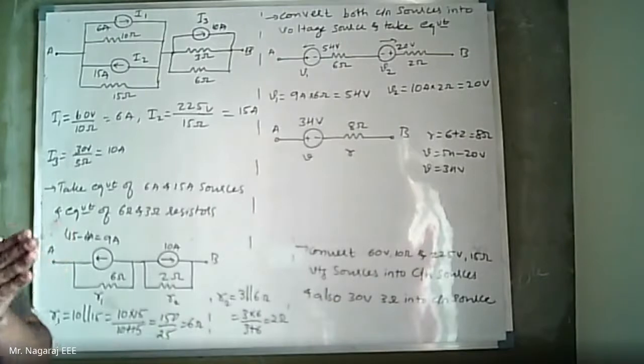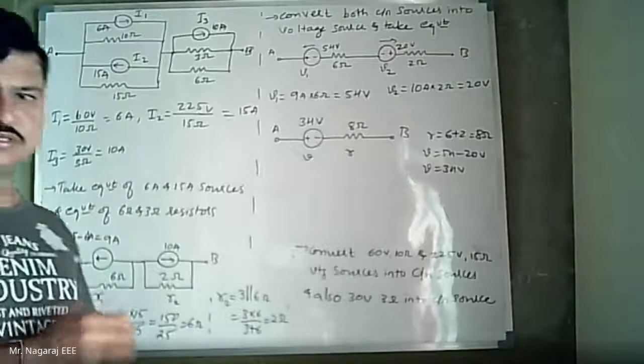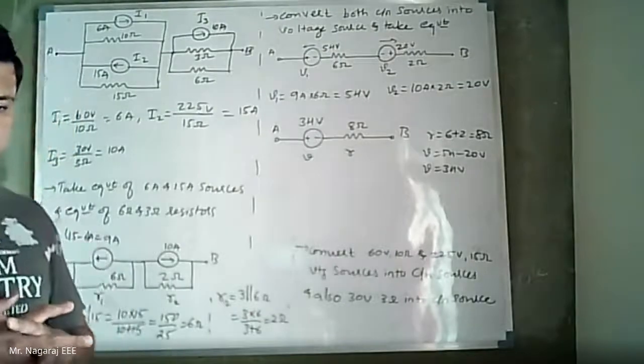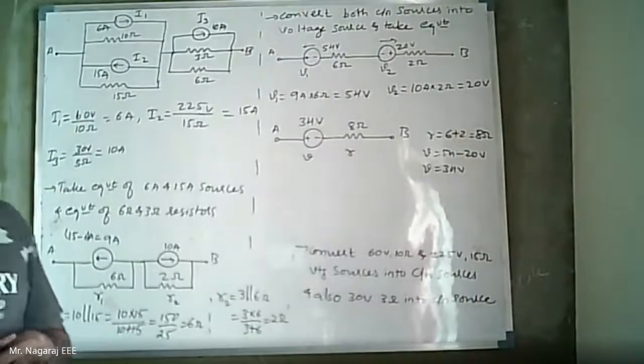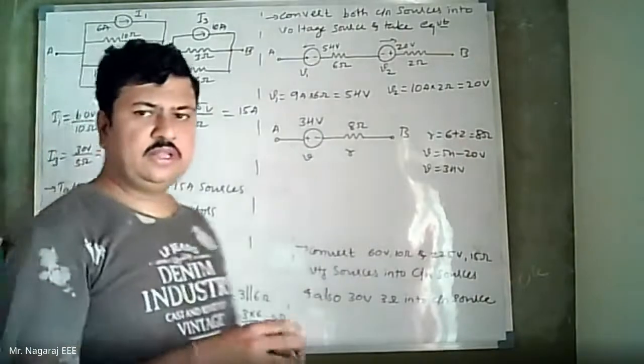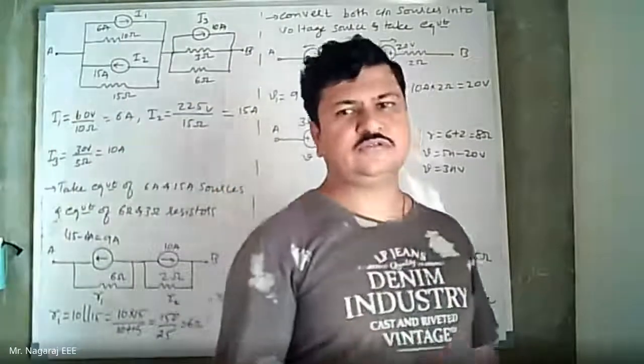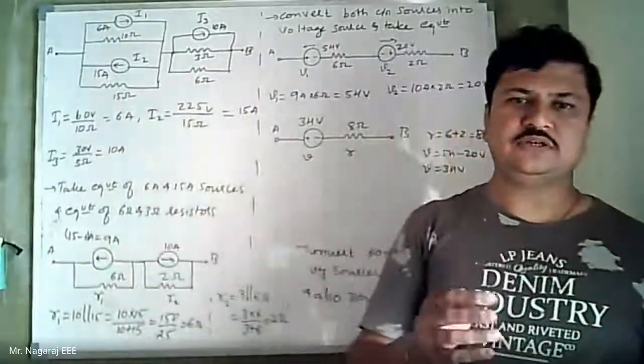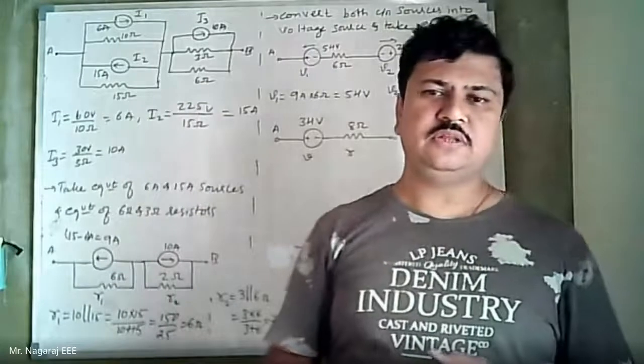So you need to keep a lot of things in mind when we go into this kind of solution. The first thing to keep in mind is the original polarity or direction of the sources, and when they get shifted or transferred, what will be the direction of polarity of the sources.